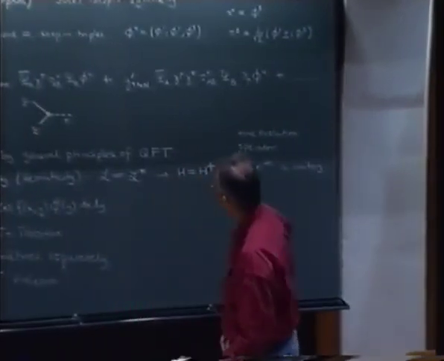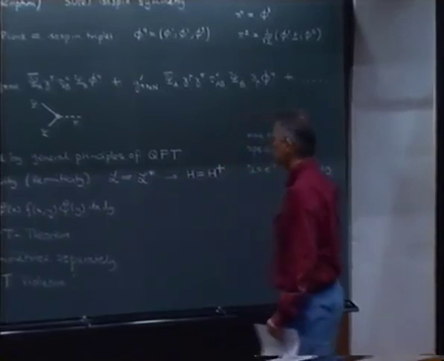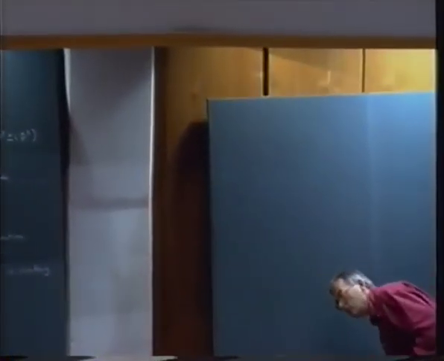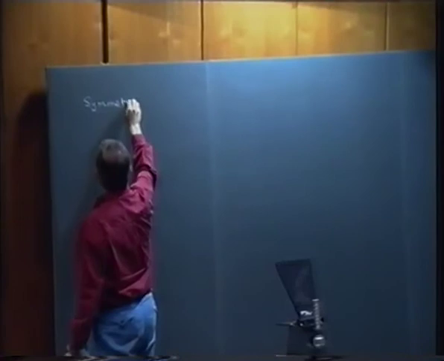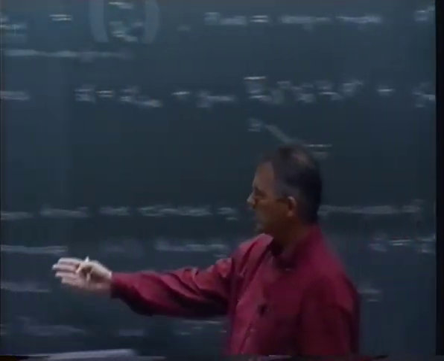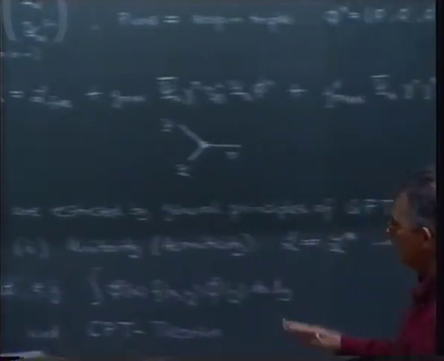We have these requirements, but now a very important extra input in the construction of quantum field theories is the requirement or the existence of symmetries. What symmetries do I mean here? Well, here we have, of course, Poincaré invariance. That's taken for granted. We'll no longer talk about this.